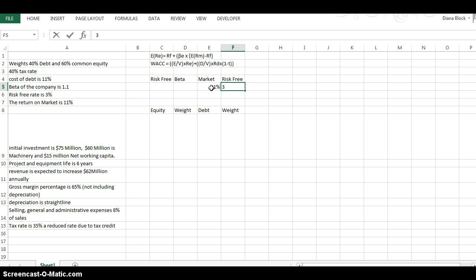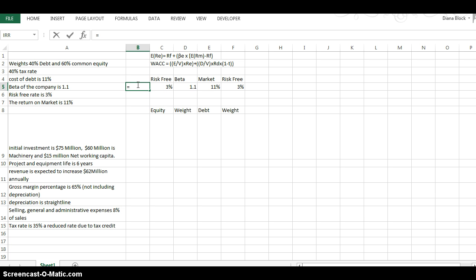The risk-free rate is 3%. We get the difference between these two items and multiply that times the beta. Then we add the risk-free rate back on. We want to do this in the order that I gave.